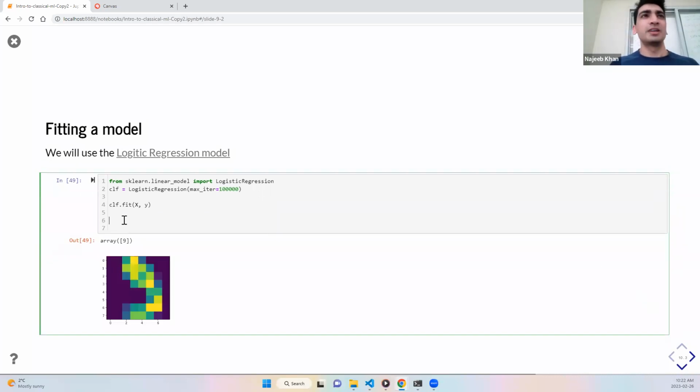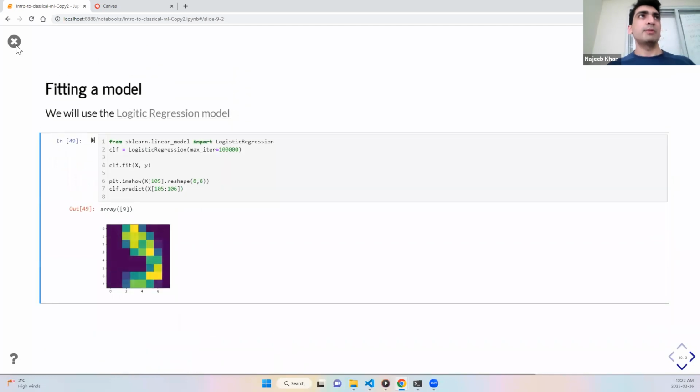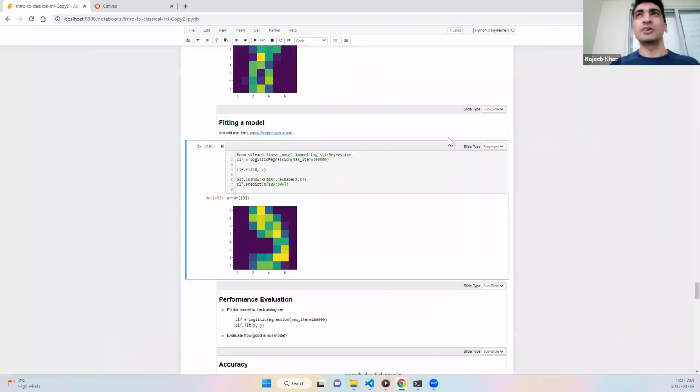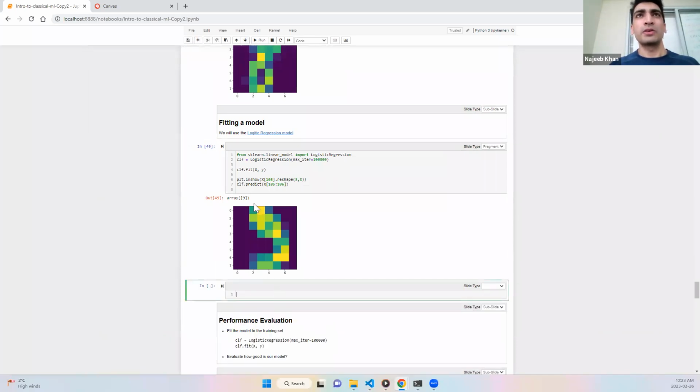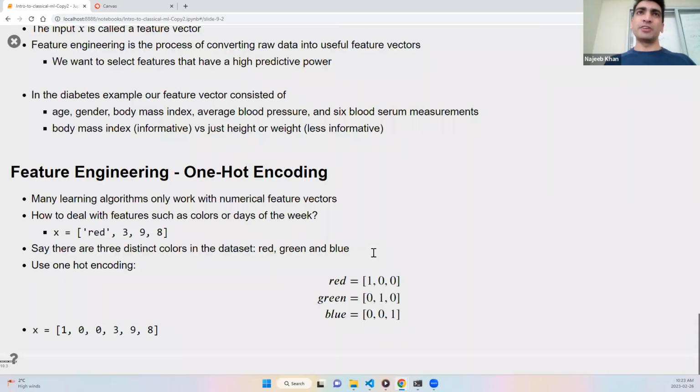Anyway, that's fine. So the model predicted a 9 for this, but what was the label for this? Because I can't understand whether it's a 9 or something else. Yeah, it's a 9. So the model predicted a 9, and the actual label of it is also a 9.